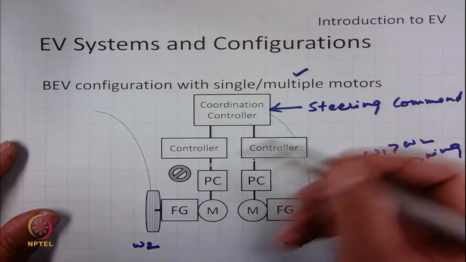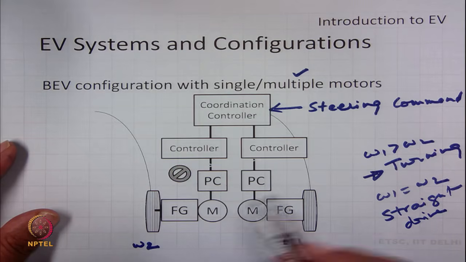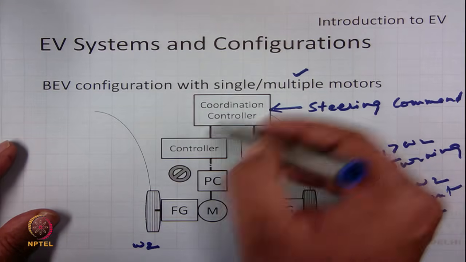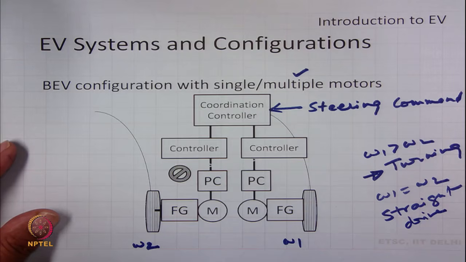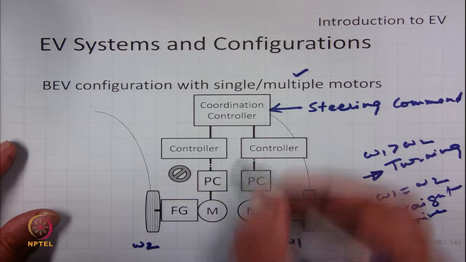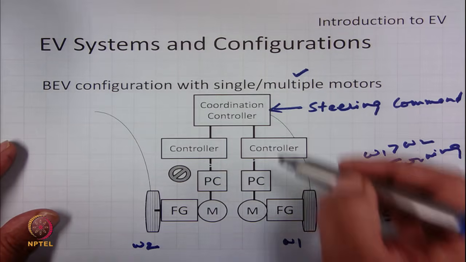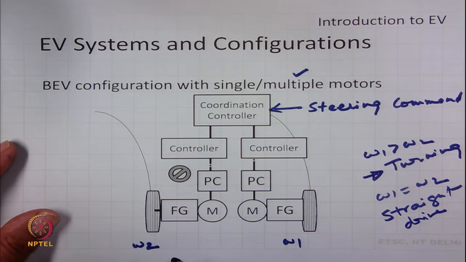So, in this system another thing is very important, all these controllers will keep talking to each other as watchdogs, such that all the three controllers should work in tandem and none of them should malfunction.